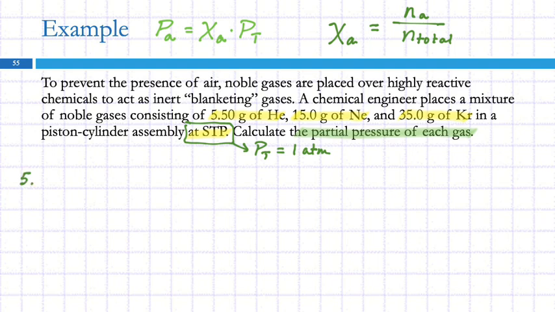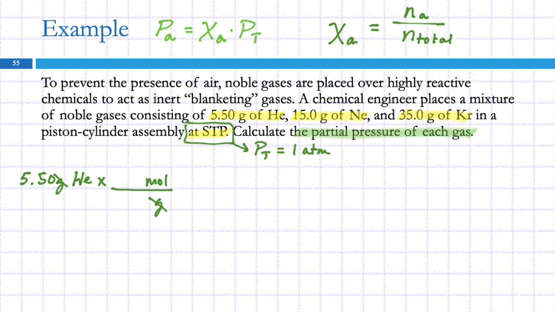So we've got 5.50 grams of helium, and I want to convert that to moles of helium. So I'm going to divide by grams so the units cancel out. I go to the periodic table.